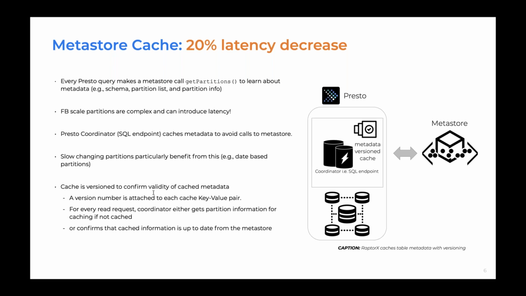Basically, for every partition, we have a version along with it. And if the partition information along with the version is available in the cache, we make a call to the Metastore and see if this version information is up to date or not. So unfortunately, we cannot avoid all the Metastore calls, but it is pretty lightweight compared to the original get partition call, which contains a lot of information and is very heavyweight.